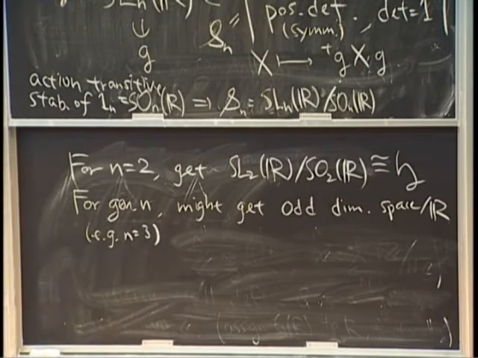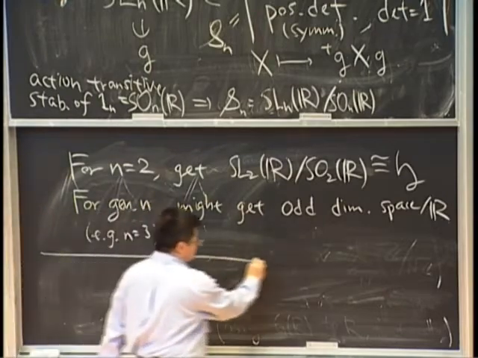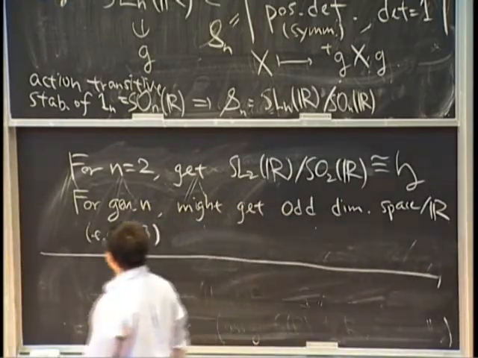So this is some kind of good space only for n equal to 2, but for higher n, it's not really good enough. But this is still a very interesting space by itself. In fact, when you want to study automorphic representations, this space itself can provide lots of interesting sources of cohomology classes. The only thing is that we don't really have natural Galois symmetry on the cohomology of these kinds of things. But we are going to have more interesting things.